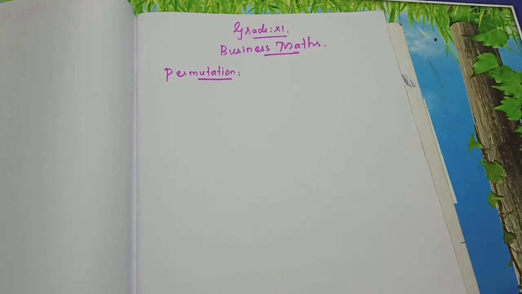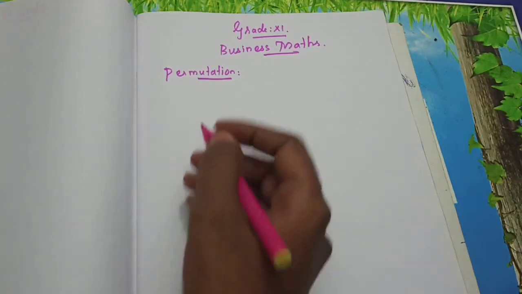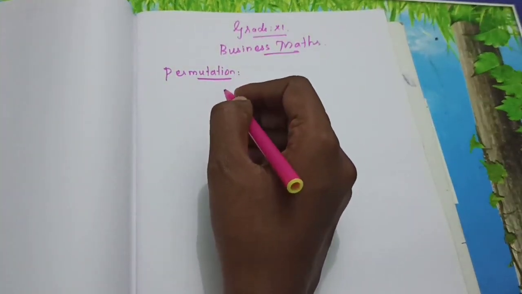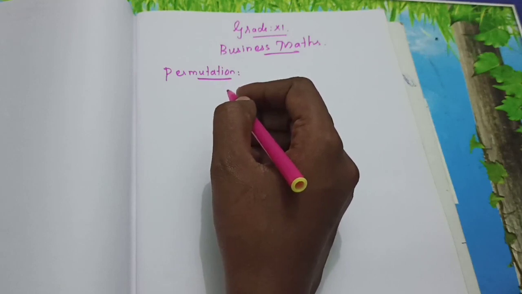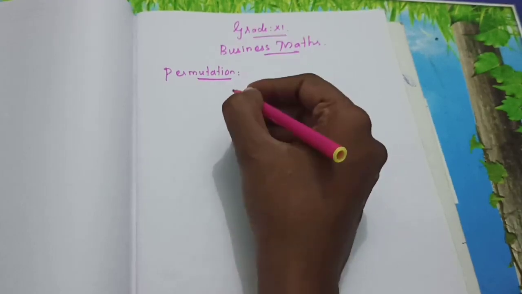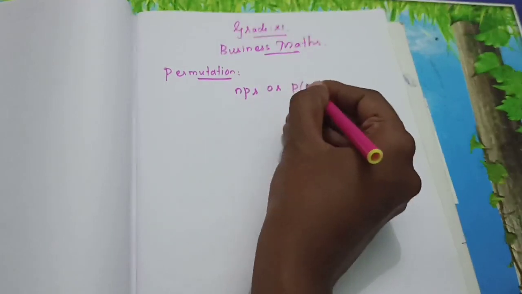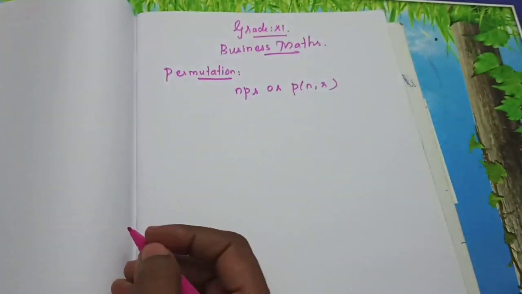Then come to the notation. Notation: if n and r are two positive integers such that 0 ≤ r ≤ n, then the number of all permutations of n things taken r at a time is denoted by nPr or P(n, r).